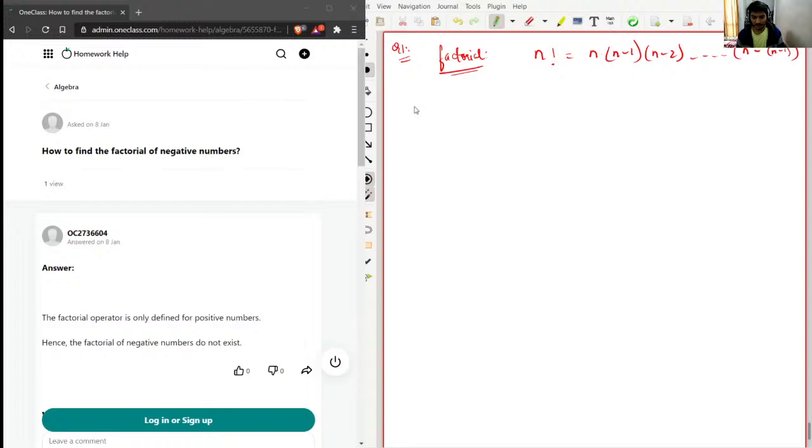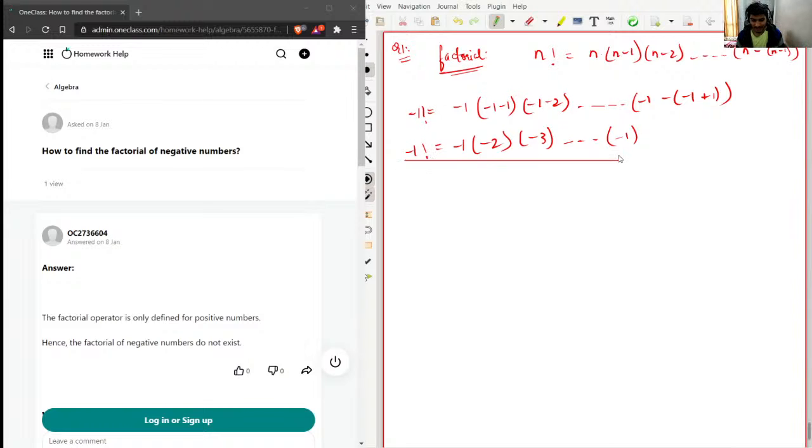Now suppose we plug in a negative number, let's say the factorial of negative 1. Then it will be minus 1 times minus 2 times minus 3, and continue until minus 1 minus of minus 1 plus 1, which will be 0.